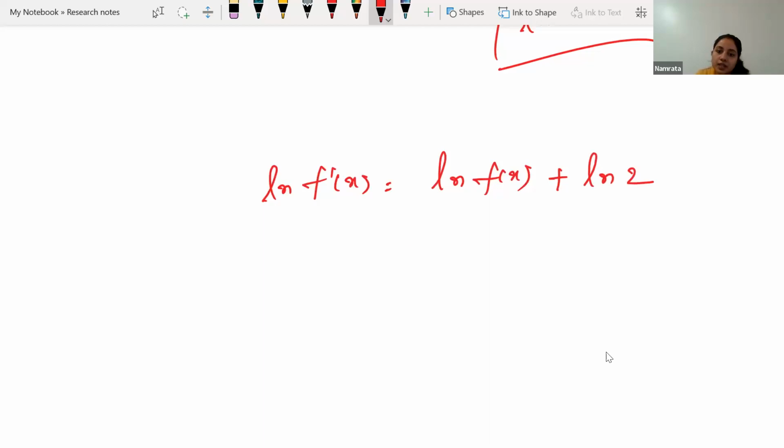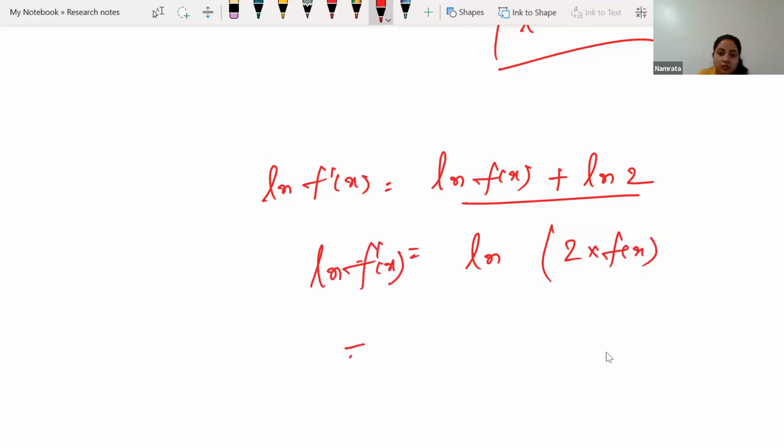We can write this as a logarithm of 2 into f of x, and since we have log here and log there, we can write f dash x is equal to 2 f of x. Okay, this is how we can write it.